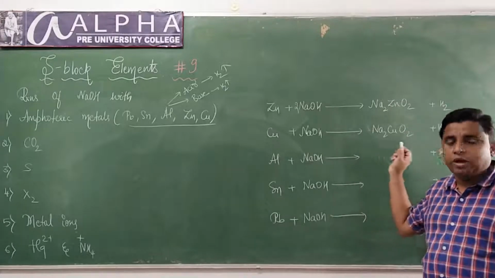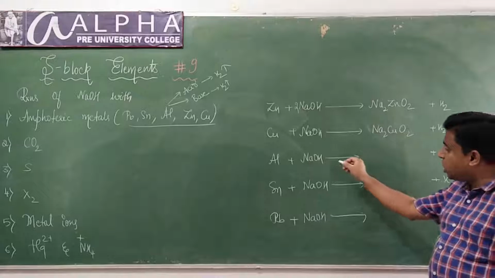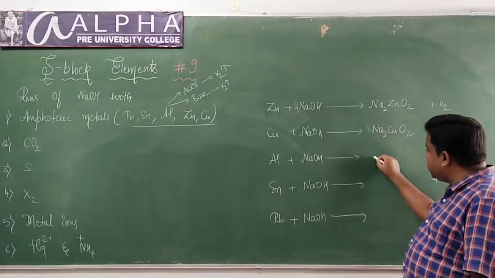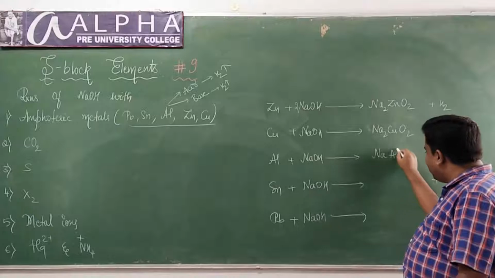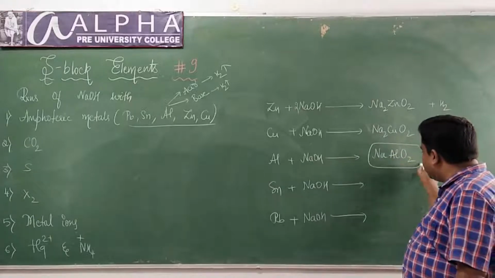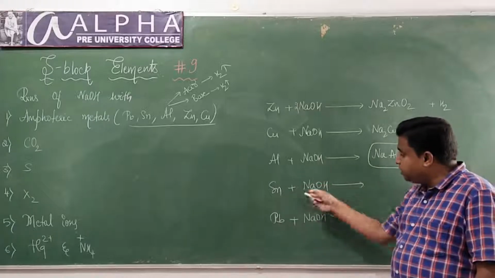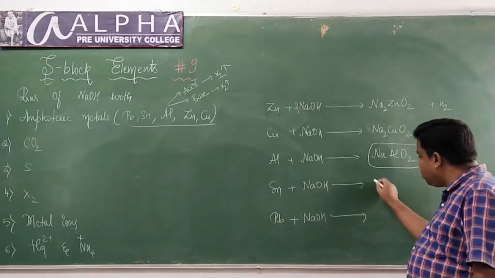This is called sodium cuprate. Next, aluminium reacts with sodium hydroxide to form NaAlO2, sodium aluminate. Now, tin reacts with sodium hydroxide to form what?